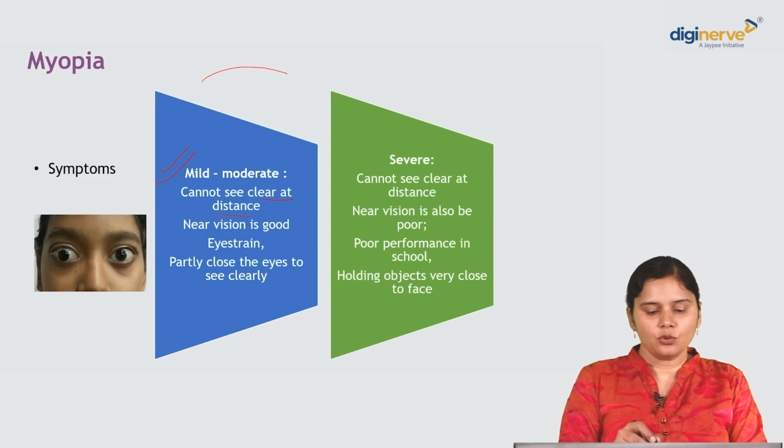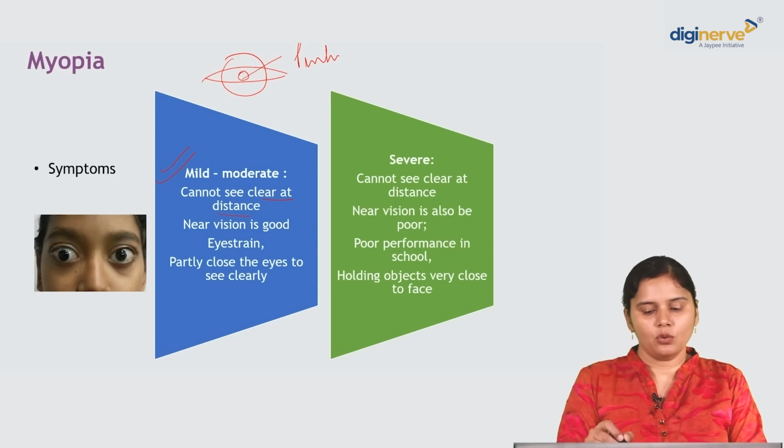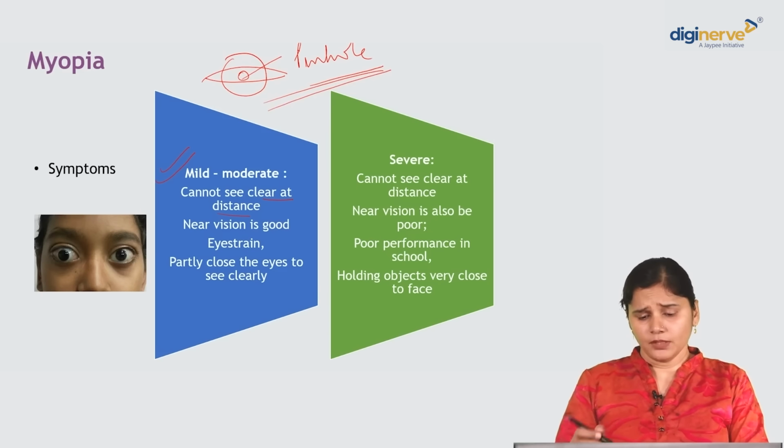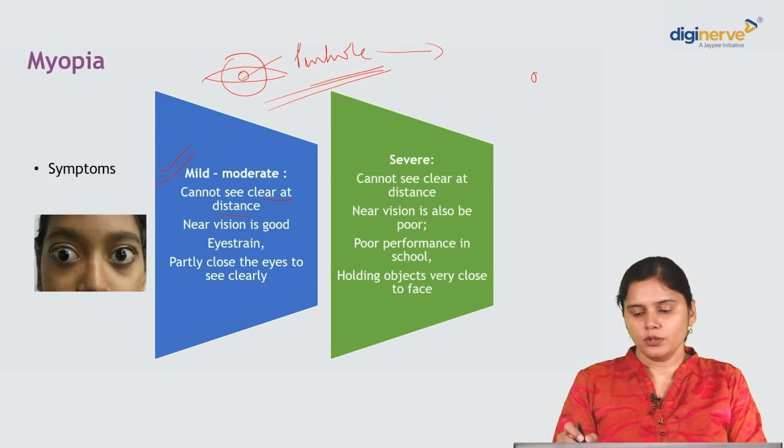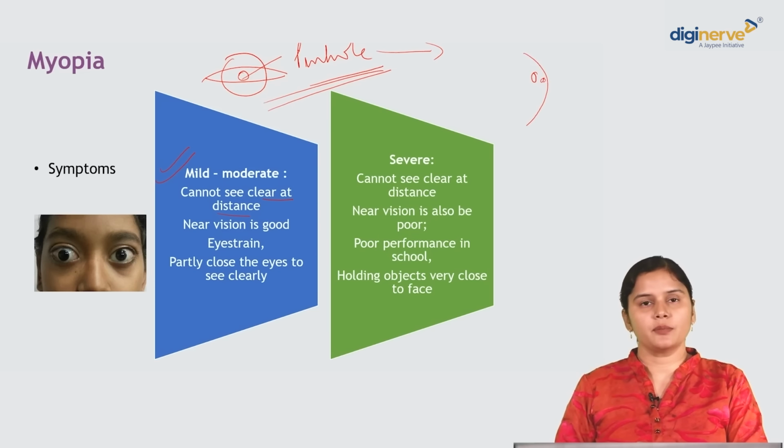When you partly close your eyes and look through the pupil, you artificially create a pinhole through which you try to look carefully. What a pinhole does is it moves the circle of least diffusion nearer to your retina. That is why a person is able to see clearly through a pinhole or by closing their eyes when they have a refractive error.